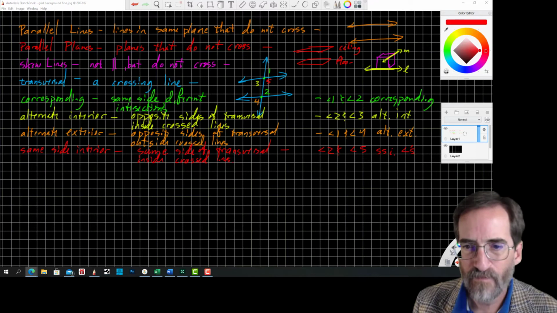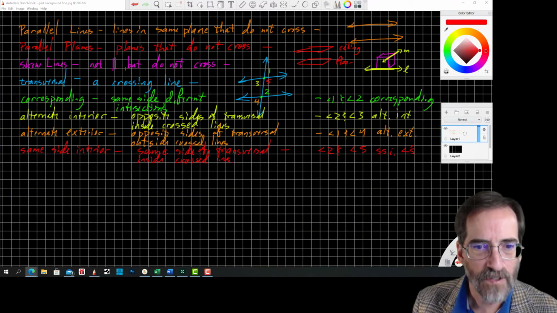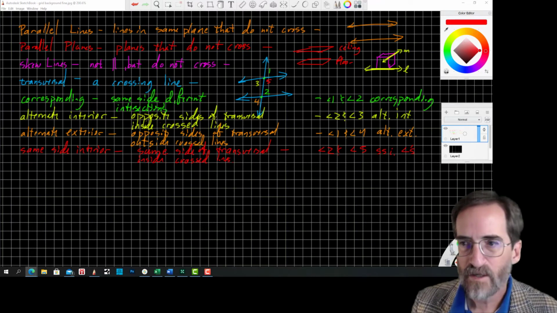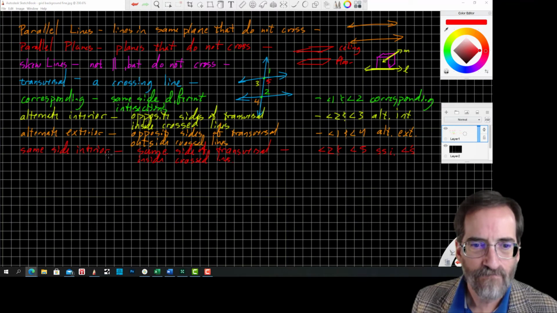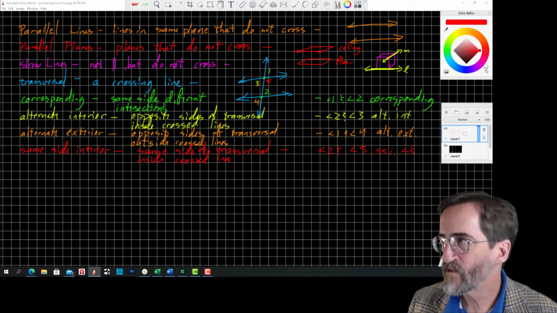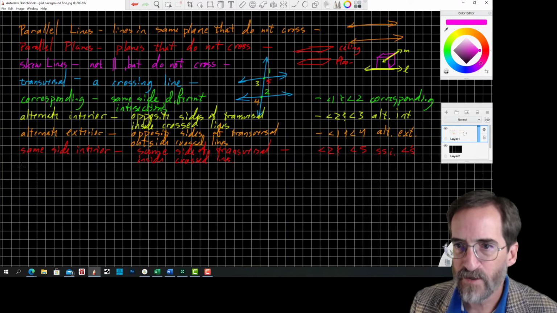Lesson 3, alternate exterior, alternate interior, converse. Okay. Yeah, I'm going to go ahead and define it. We've defined converse in a previous chapter, and that's why I debate about including it here.